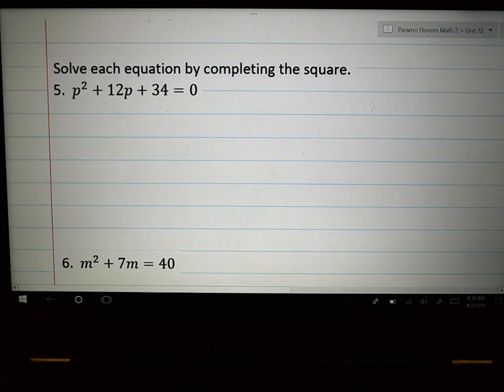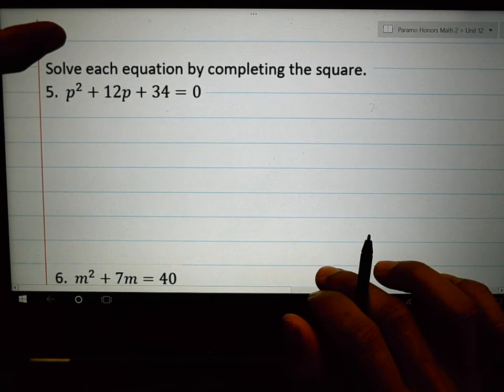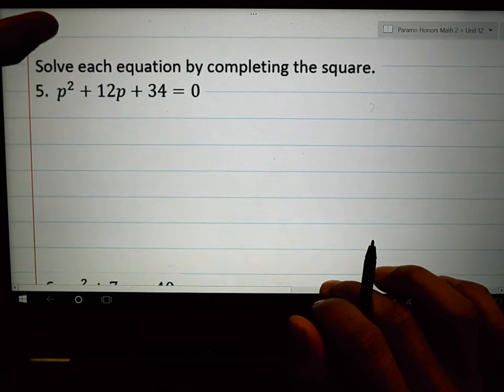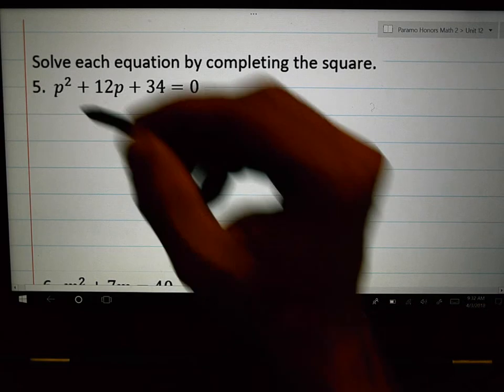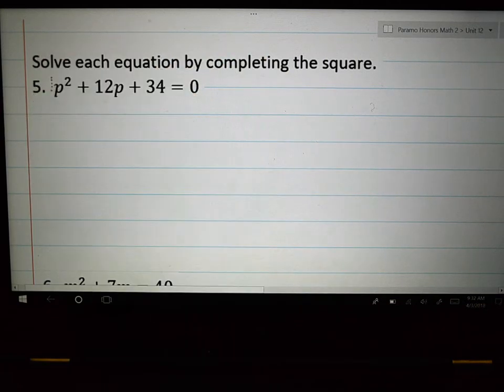Let's do number 5 together. The first thing I check is my a value. Your a value is the thing in front of your squared variable. The a value here, is it equal to 1?